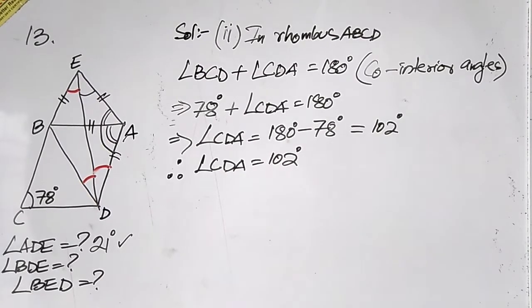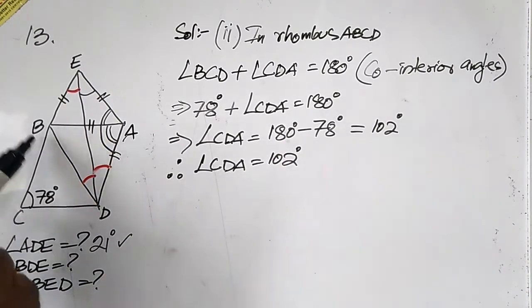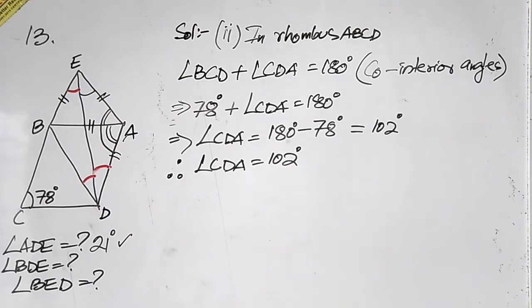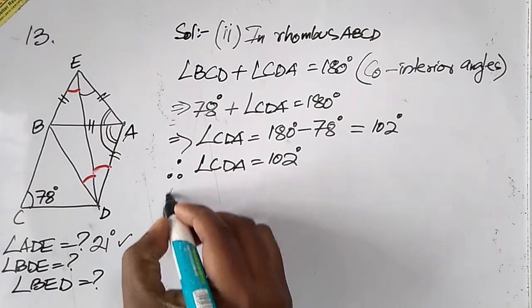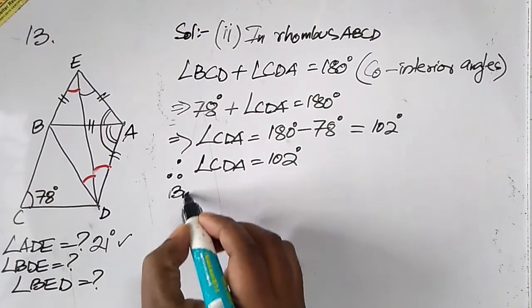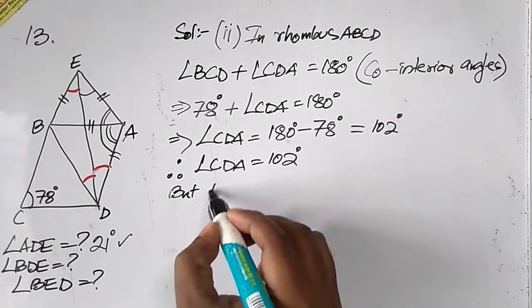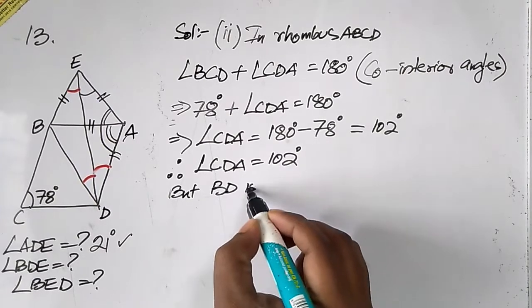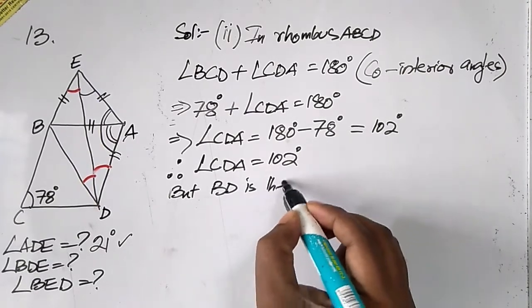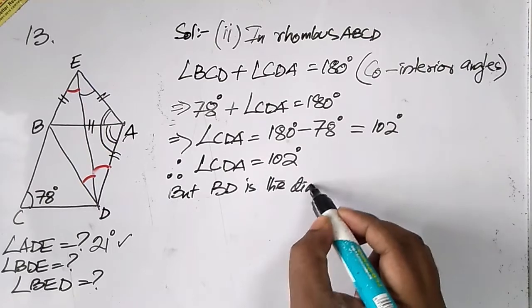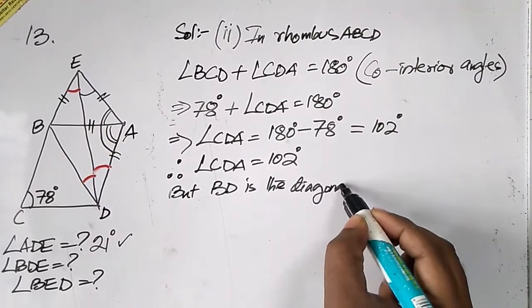Now we have found CDA, right? We have to find angle BDE. Why do we have to find CDA? Because BD is the diagonal of this rhombus. So we'll have to mention that BD is the diagonal, diagonal of the rhombus.